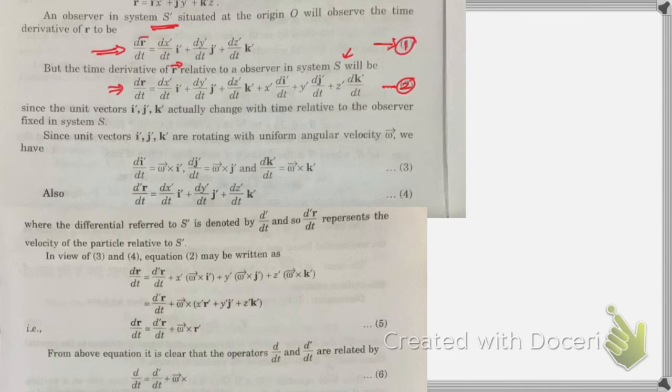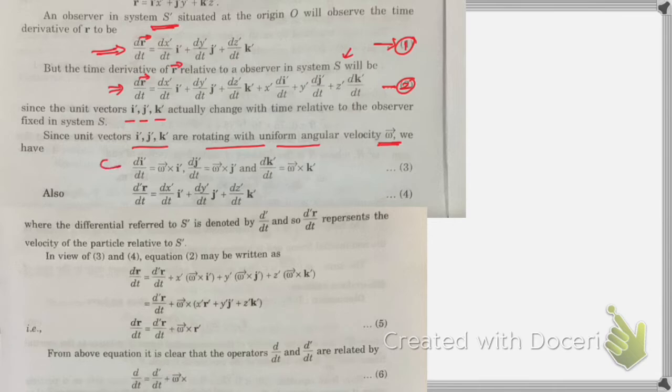Here, where you have seen bold r, that is the r vector, remember that. These are the unit vectors i dash, j dash, k dash for the rotating system, right? And these unit vectors are rotating with a uniform angular velocity omega.